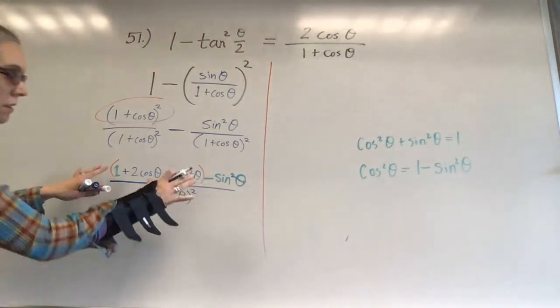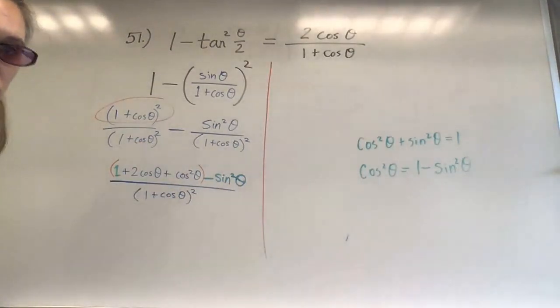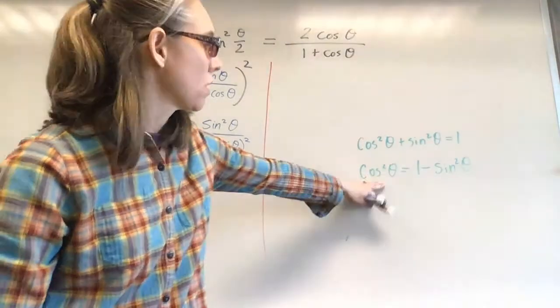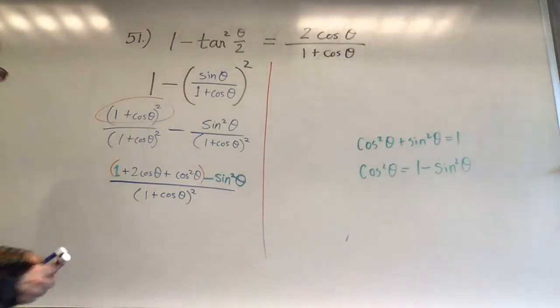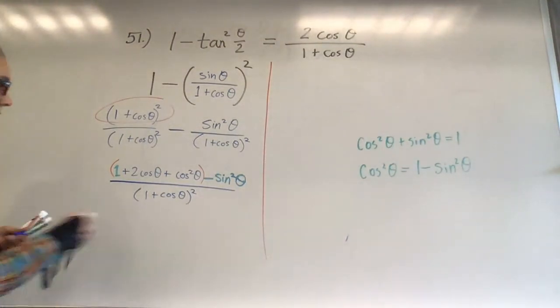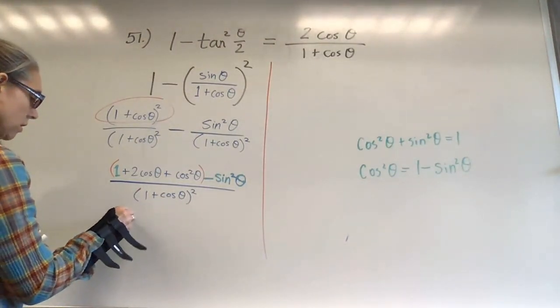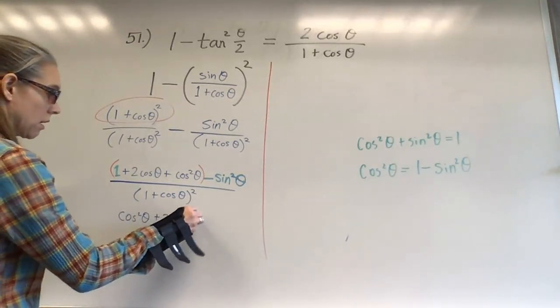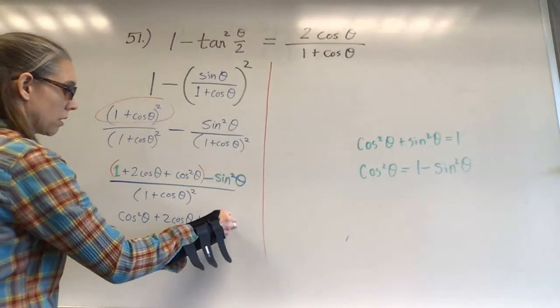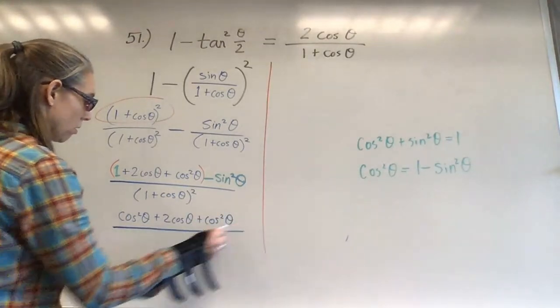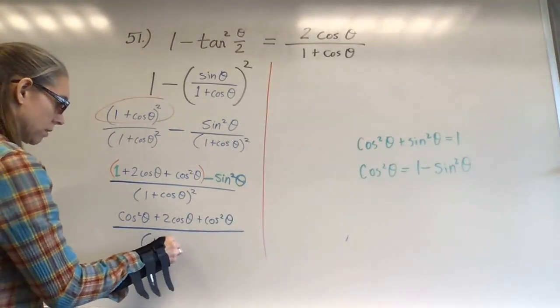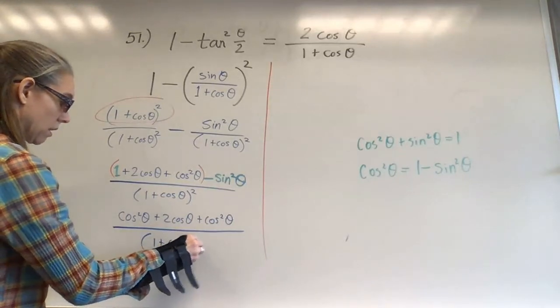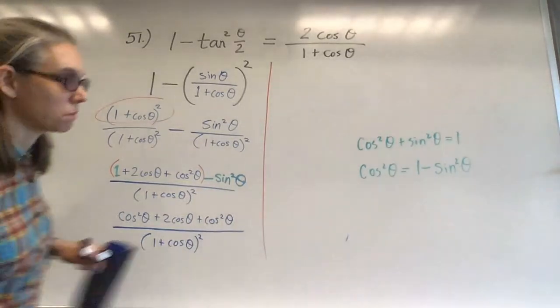So what I've traced here in green, 1 minus sine squared theta, can be replaced with cosine squared theta. So I'm going to go ahead and do that. And so I'll end up with cosine squared theta plus 2 cosine theta plus cosine squared theta all over 1 plus cosine theta quantity squared.